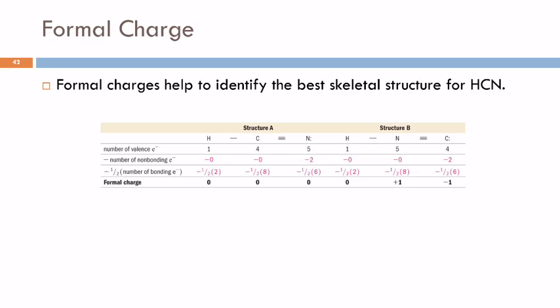Okay, so let's look at this example. I'm going to draw these Lewis structures down here because they're awfully tiny in there, and I want to be able to write on them. So, two different structures for HCN.